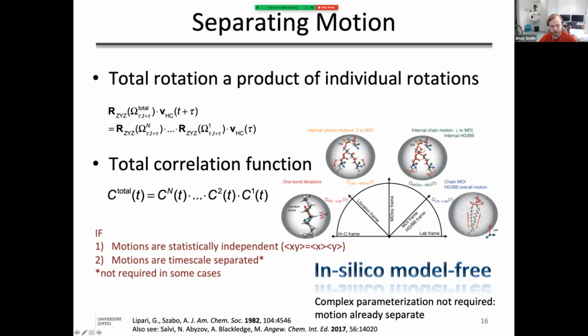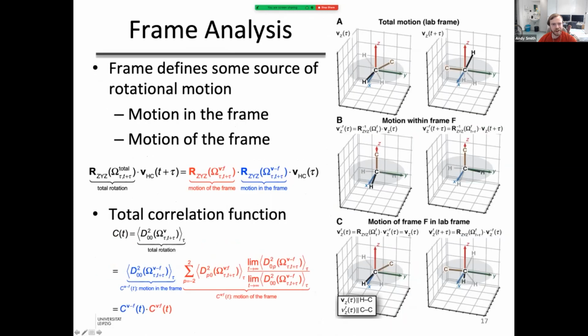This is going to work well if the motions are statistically independent from each other. And in special cases, we require that they're time scale separated. You'll have to probably ask me when that is if we want to get back to that.